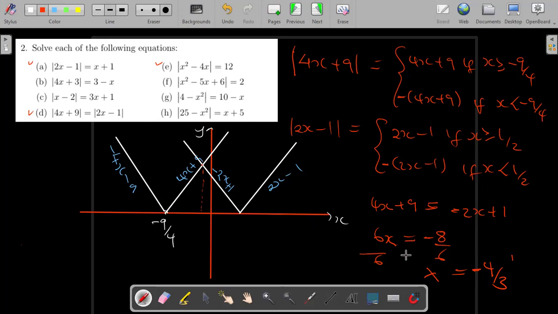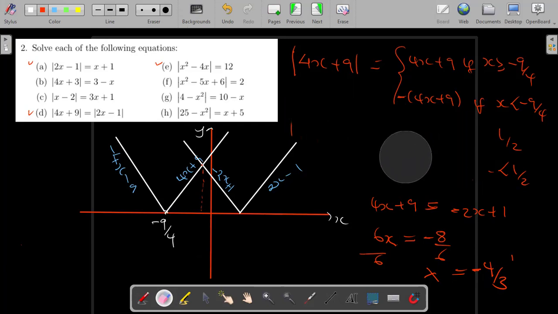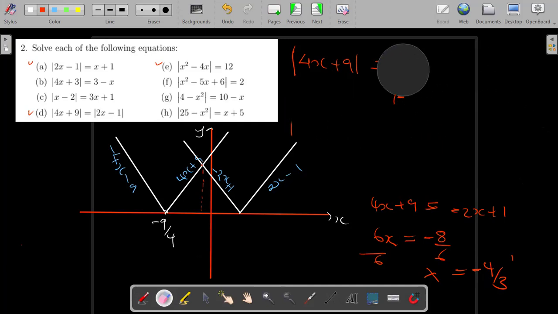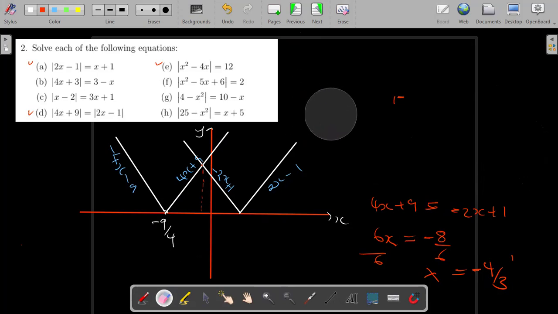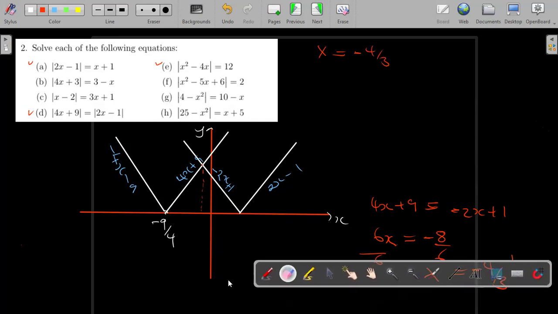So x is equal to negative 4 over 3. So that's how you do it graphically. I can keep this value and see if I get the same value when I use the other method. So this is negative 4 over 3. Okay, let me use the other method.